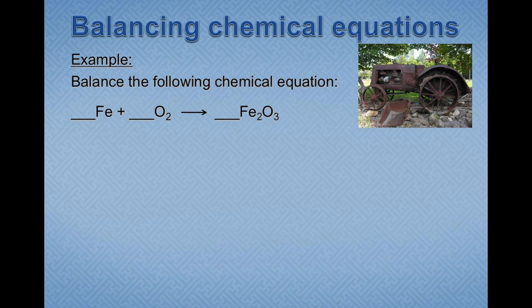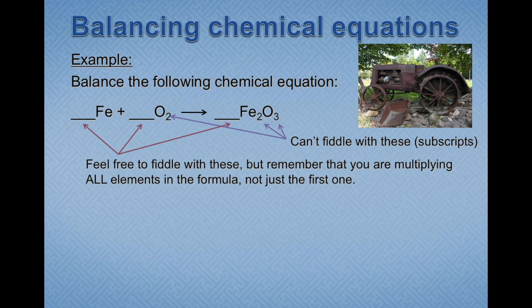Remember, we can't fiddle with these subscripts because these are the actual reactants and products. This is actually what happens. So what we do have to do is fiddle with the coefficients that go before each of these chemical substances.